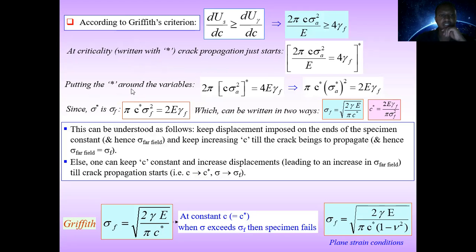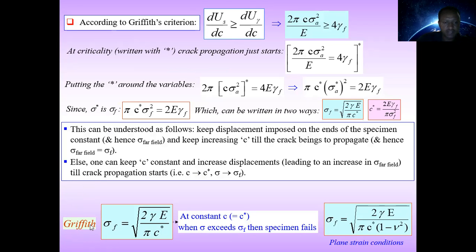Substituting the C* condition here, finally what we can get is this formula. Okay, so C* is equal to 2Eγ_f over π σ_f squared, which is the thing we need critically now.